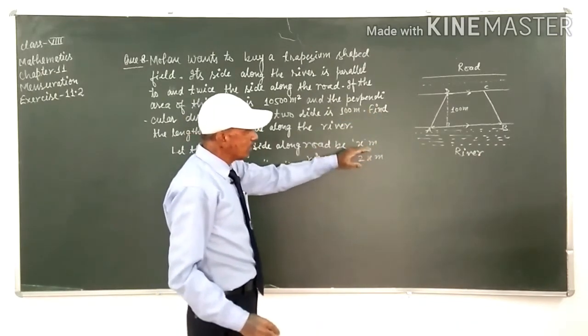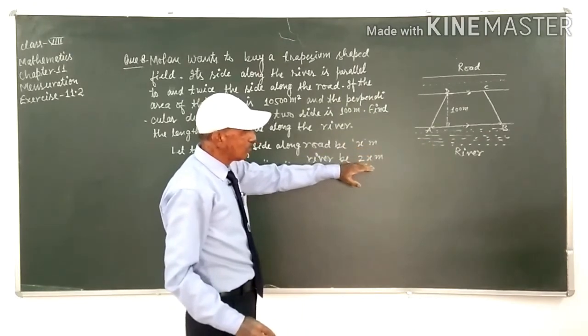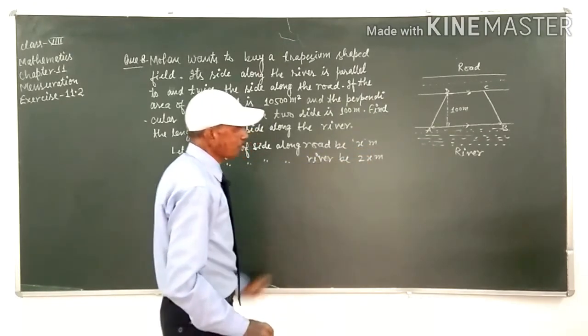Clear student? So it is x and this will be 2x meter. Clear?